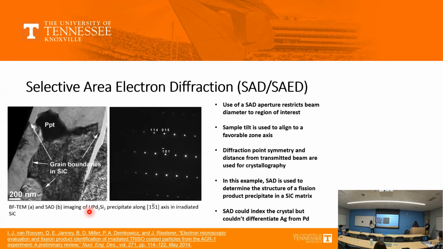In selected area, I'm selecting only this area from the sample. I have just inserted an iron plate with a hole, and everything else is getting blocked. This is my sample only. I don't care about anything else. So the information is not taken from outside.